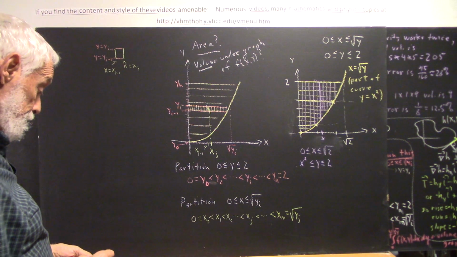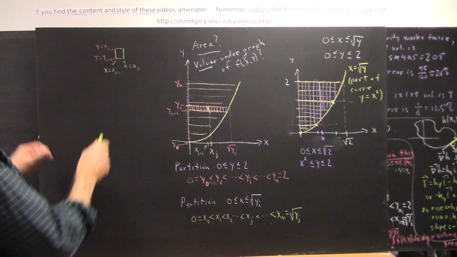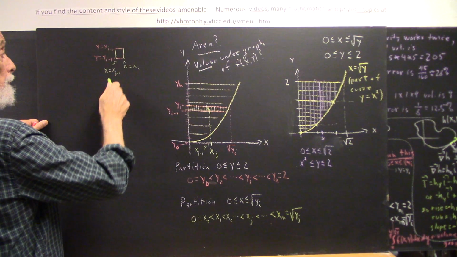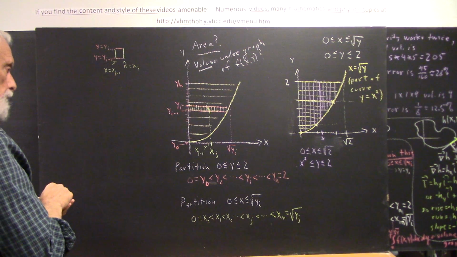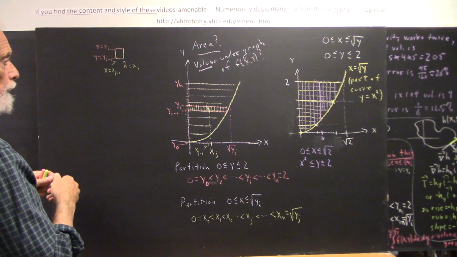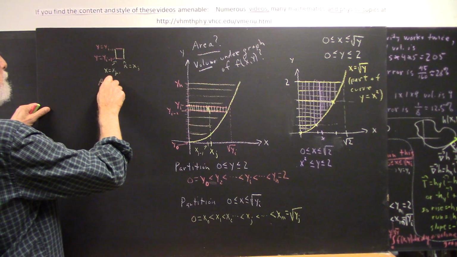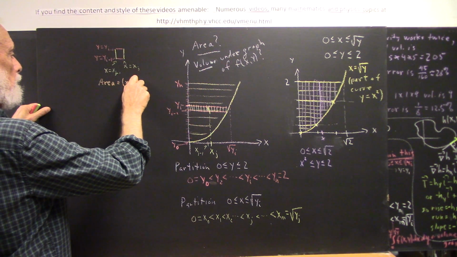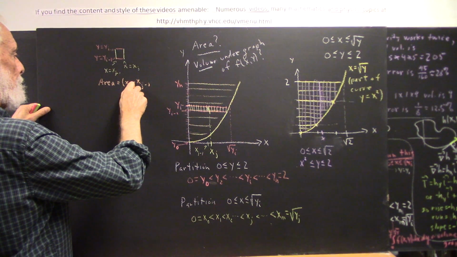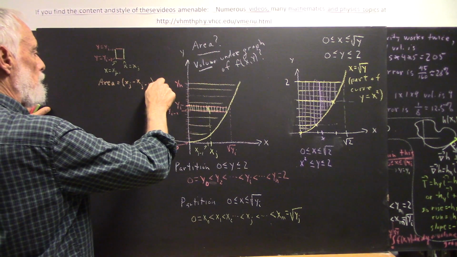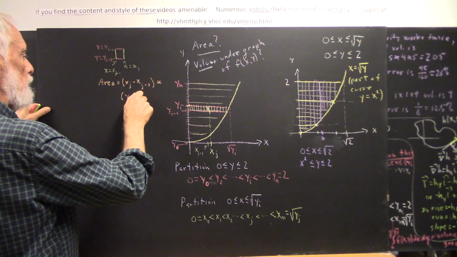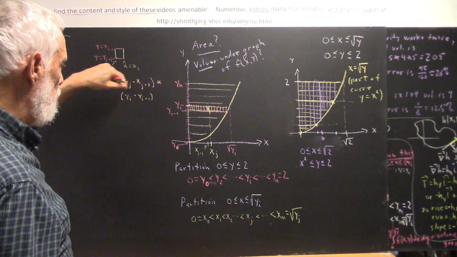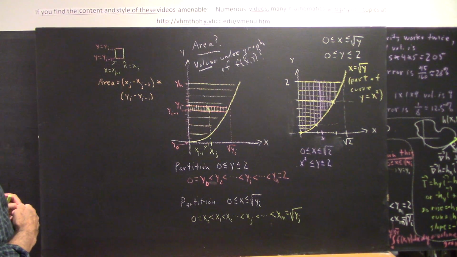The area of this region is just going to be x sub j minus x sub j minus 1, times y sub I minus y sub I minus 1.